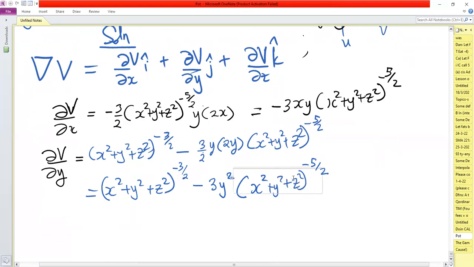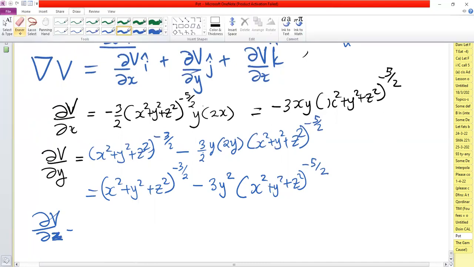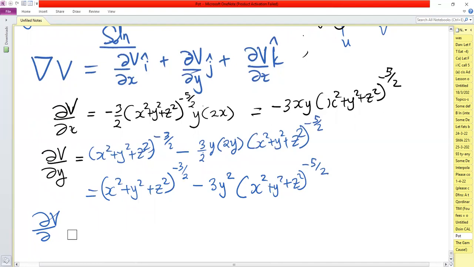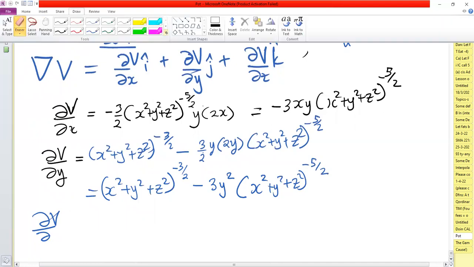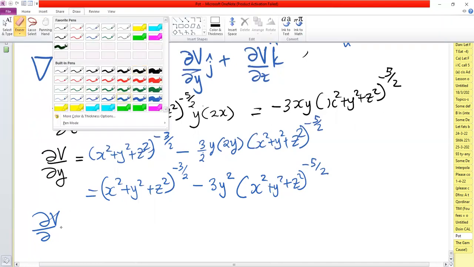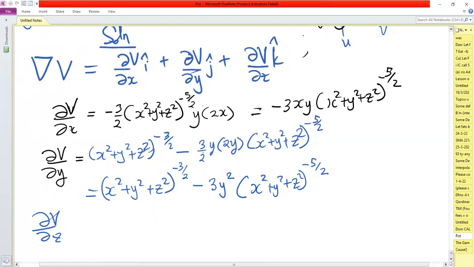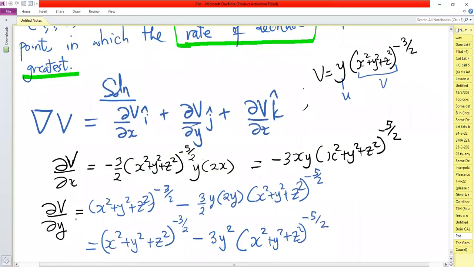And then partial V partial z. I'll have, using chain rule on the brackets, I drop minus 3/2 and then times y.